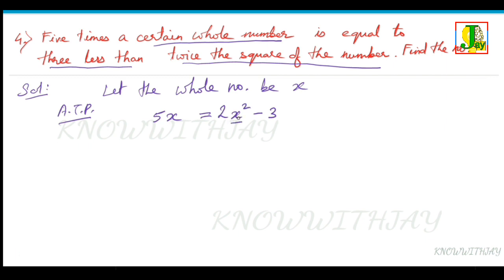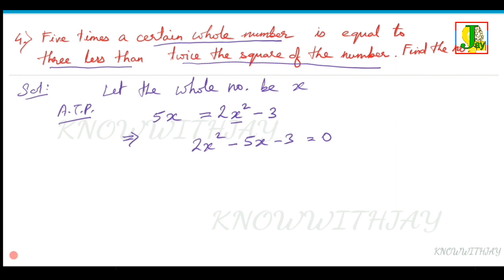So this is twice the square of the number, and 3 less than that is equal to 5x. Now this is the main part. You have already formed the expression. Now just write it in the standard form of the quadratic equation. Writing it, we get 2x square, 5x goes to that side, minus 5x and minus 3. On the left side you have 0. Now we have formed the quadratic equation.